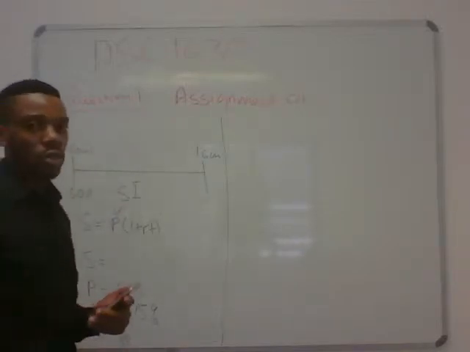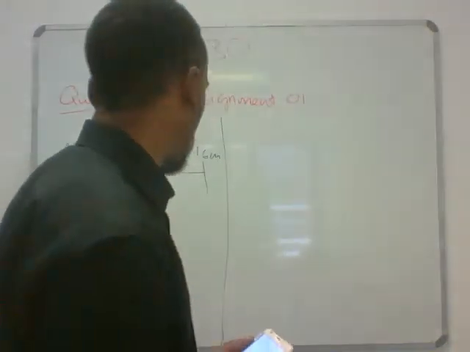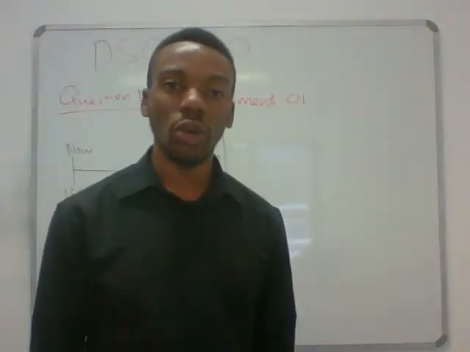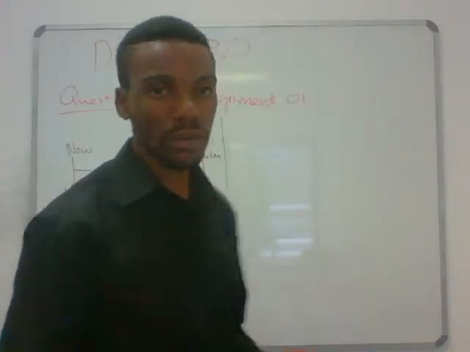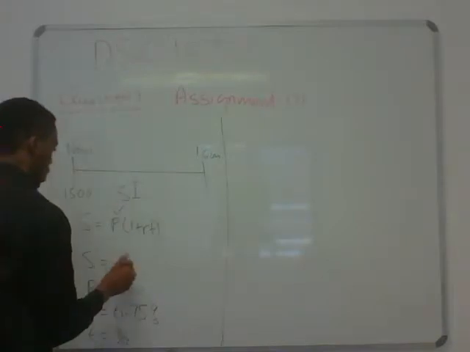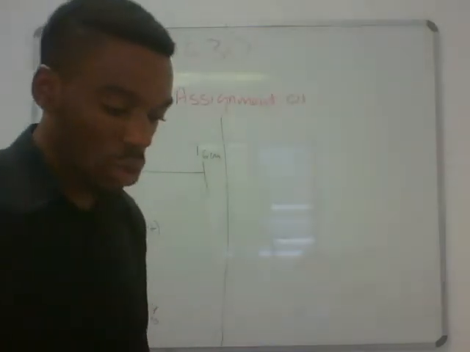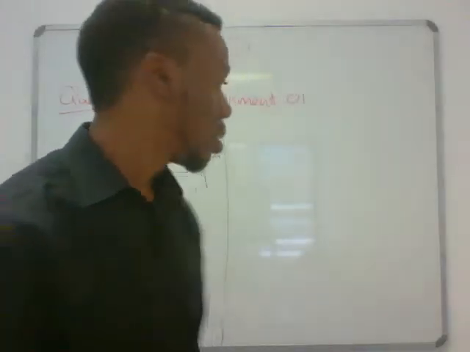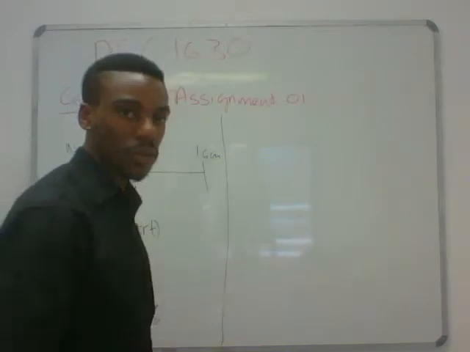From there, we've written down all the variables. Now we need to solve for the missing information. What they're looking for is the balance, that is the future value. This S is the one that is missing here, so we need to solve for that S. Let's go ahead and write it down in the formula.